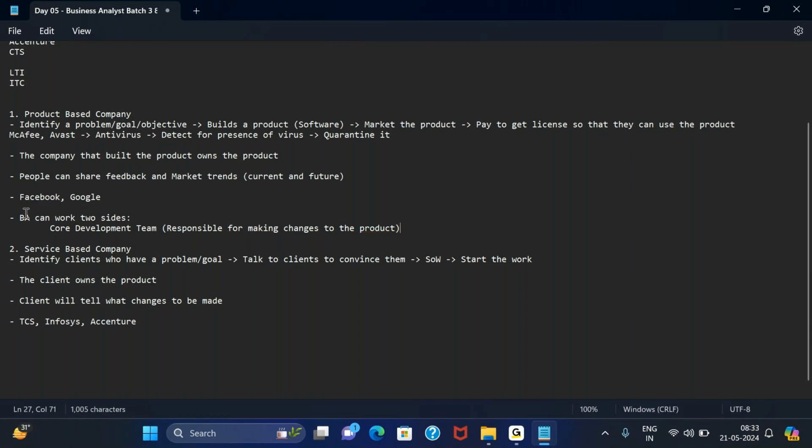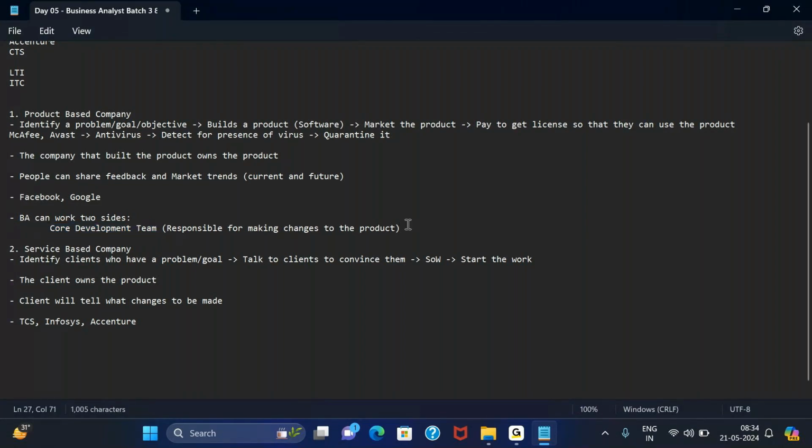So if you identify some current trend, or if you're trying to predict future trends, or a client is sharing feedback and you want to work accordingly, or maybe you just identified a better way of doing things, whatever that may be, it has to go to the core development team, because that is what is responsible for making changes to the product.